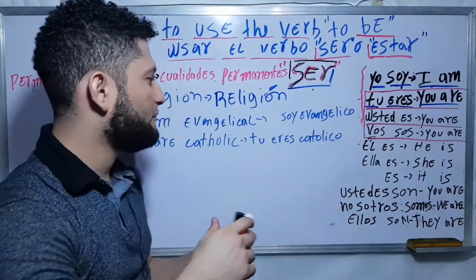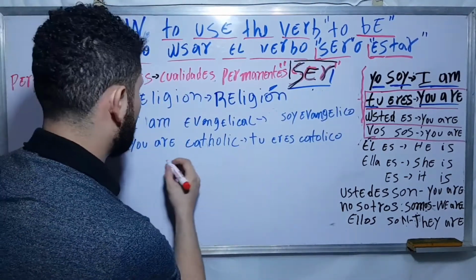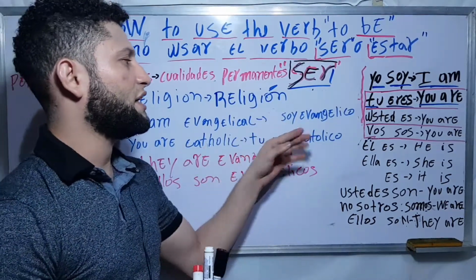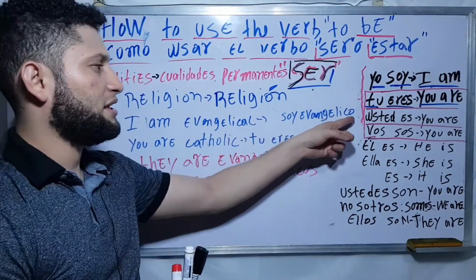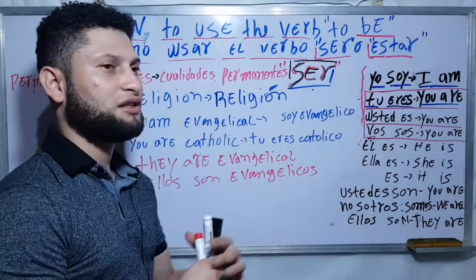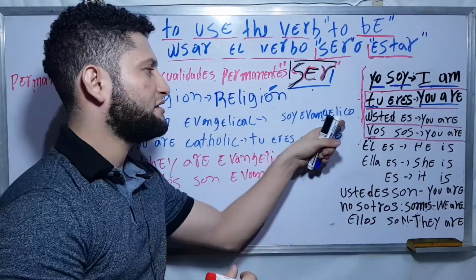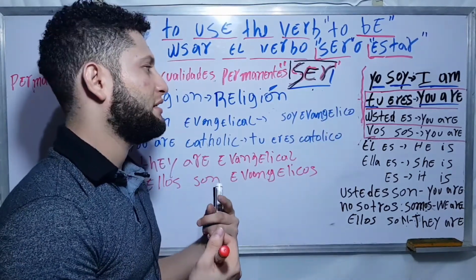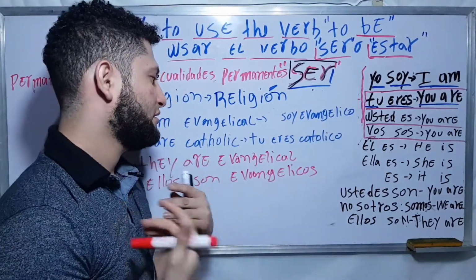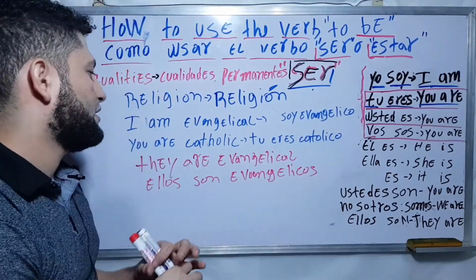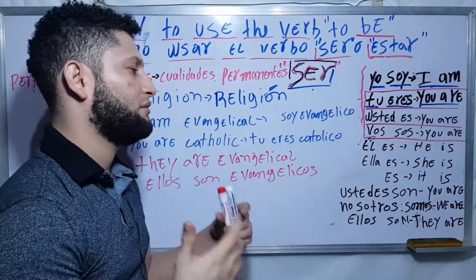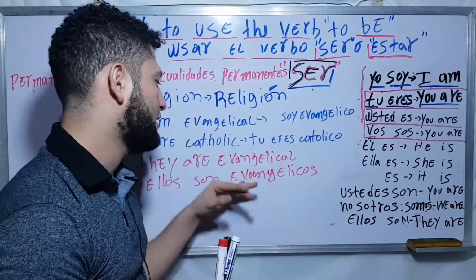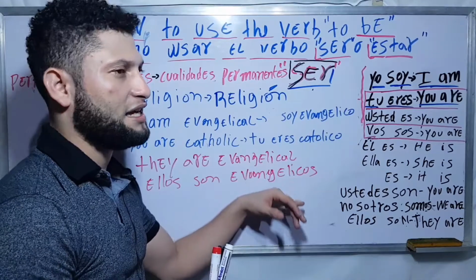So another thing, for example, okay, I will write this part. If you notice, guys, when I say yo soy a young evangelical, this part is not in a plural way, it's in a singular way, because I'm speaking only about myself. However, when speaking about more people, in this case they are evangelical, in English it doesn't change.